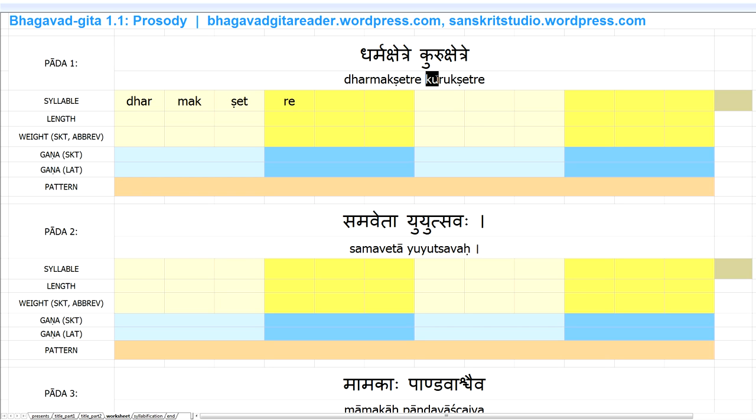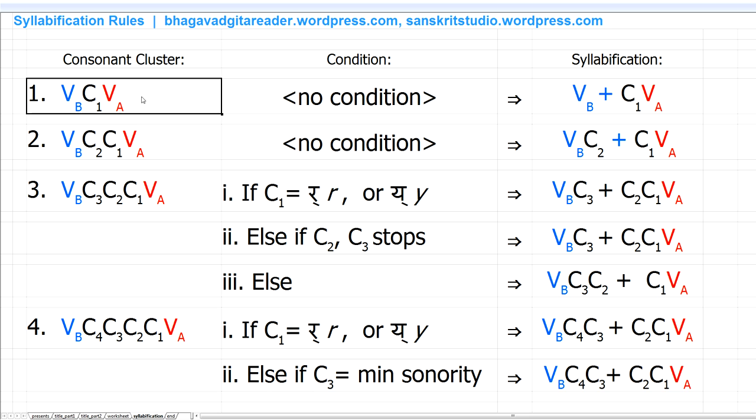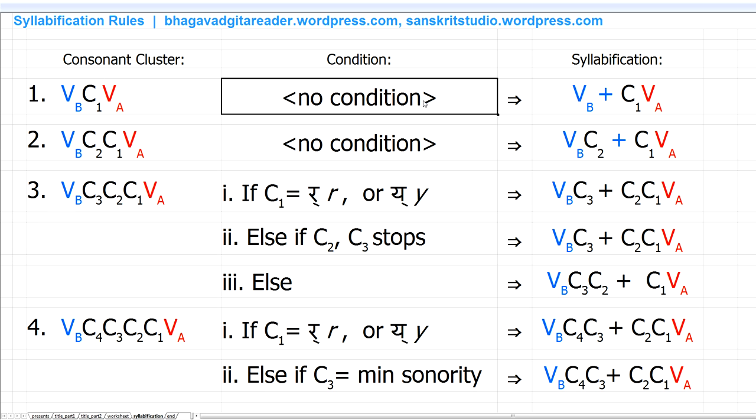So these are simple, but what about the r that comes there? Should it go to the left or to the right? So we consult our rules again, and we see that in terms of a single consonant, there is no special condition.